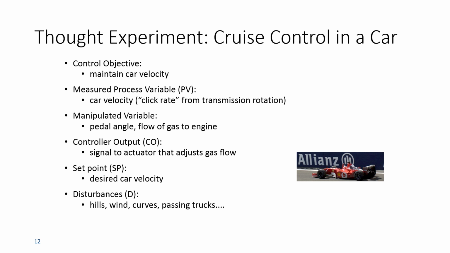Okay, so let's think about a cruise control in a car. So we have a set point, where we want to maintain a certain velocity for our car. And we have our car, and we have a certain velocity as well, or speed for our vehicle.